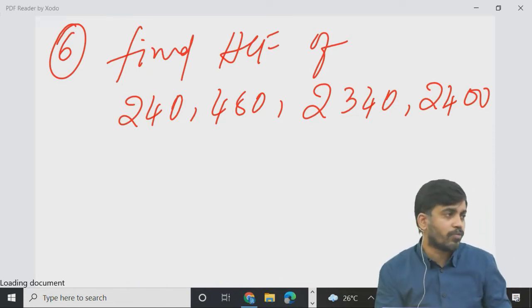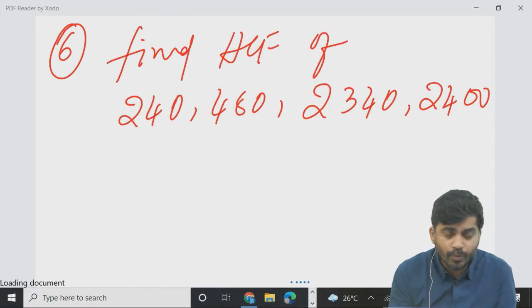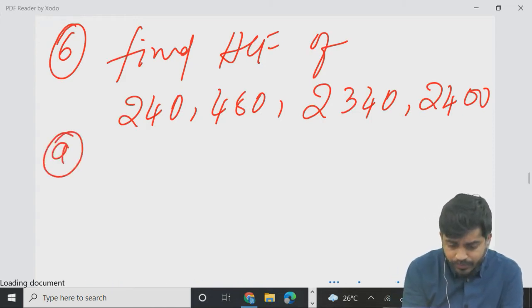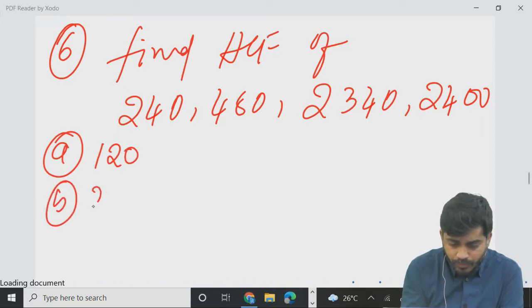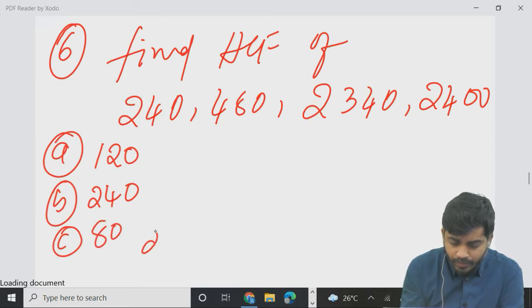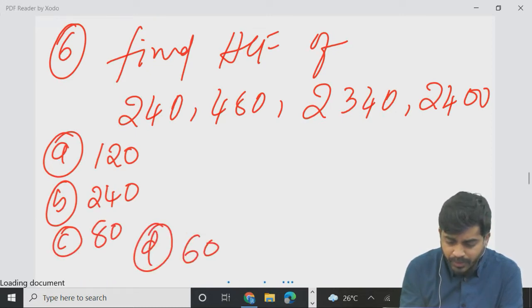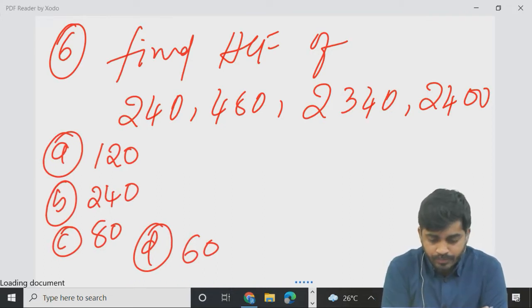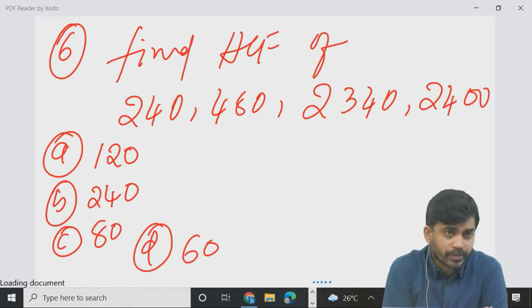First number is 240, second number is 480, third number is 2340, fourth number is 2400. I'll give options: 120, 240, 80, last option 60. By the traditional way, this will take a lot of time actually.